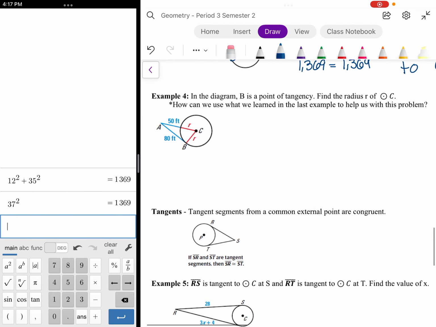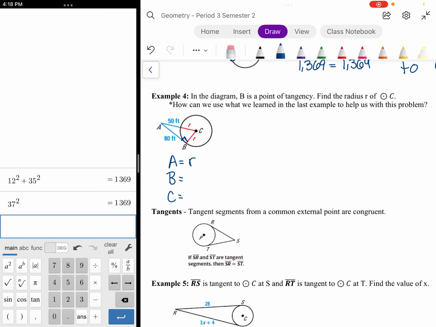Now, looking at example 4, in the diagram, they told us that B is a point of tangency, which means that this is a right triangle. So again, just like the last one, we are going to use Pythagorean theorem. For this, I recommend identifying A, B, and C first before you plug anything in.